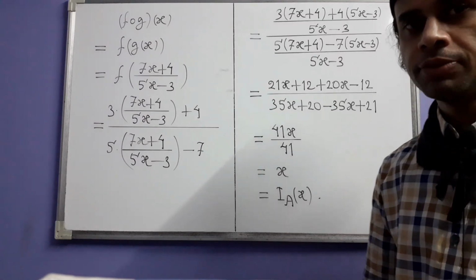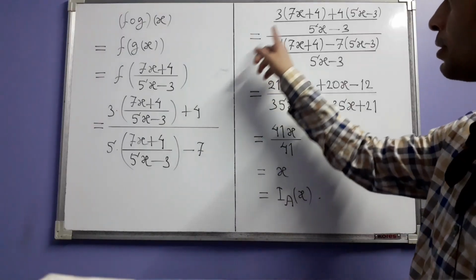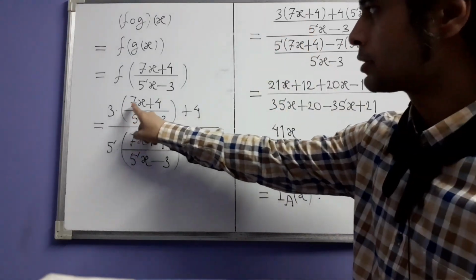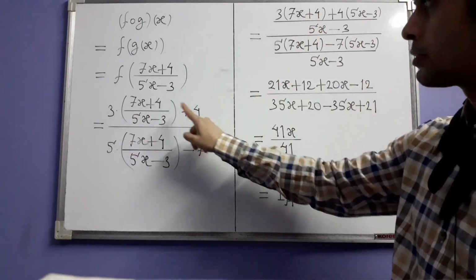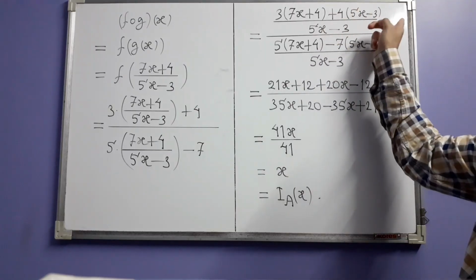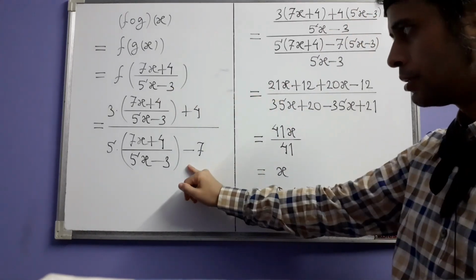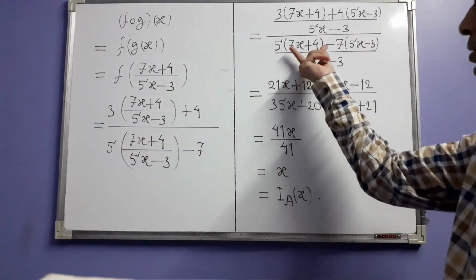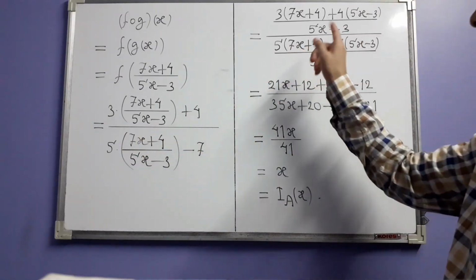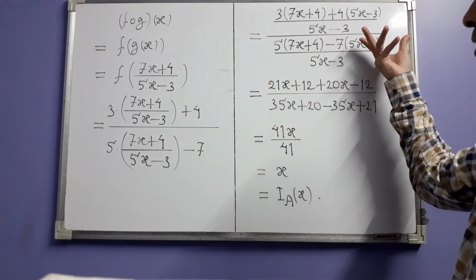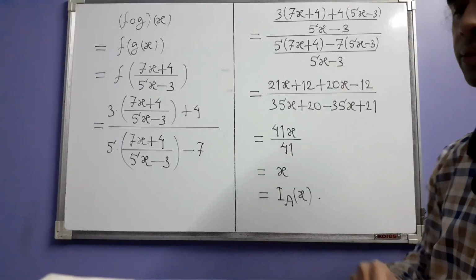So we do the simplification in the next step like this: 3 times (7x plus 4) plus 4 times (5x minus 3), divided by 5x minus 3, and in the denominator 5 times (7x plus 4) minus 7 times (5x minus 3), divided by 5x minus 3.